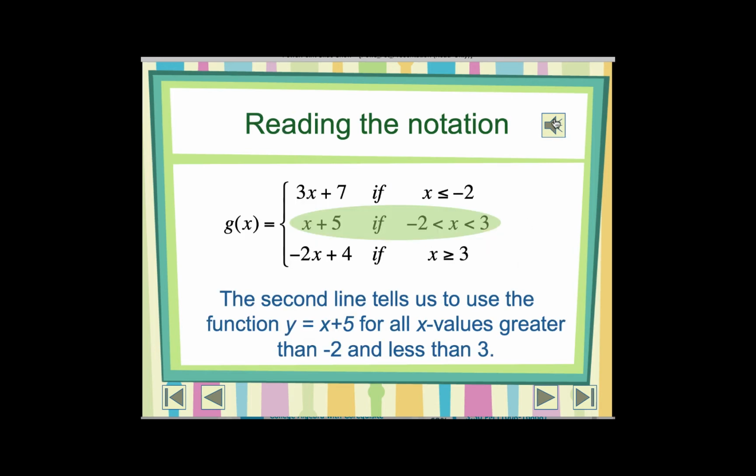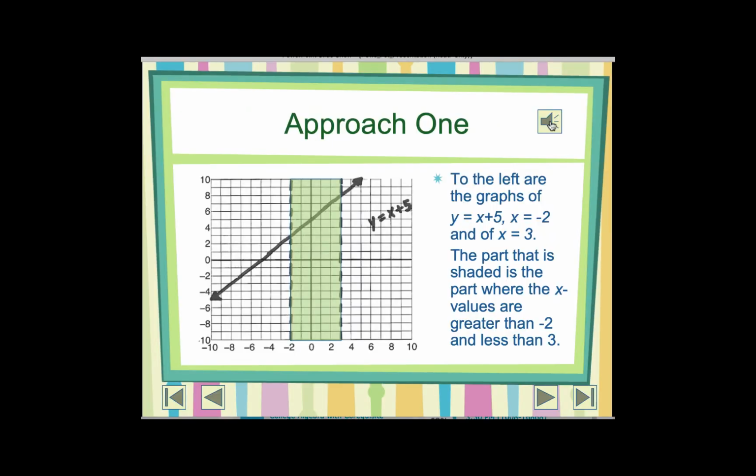The second line tells us that for every x value that is both bigger than negative 2 and smaller than 3, we are going to use y equals x plus 5. I have drawn the line y equals x plus 5, the vertical line x equals negative 2, and the vertical line x equals 3.